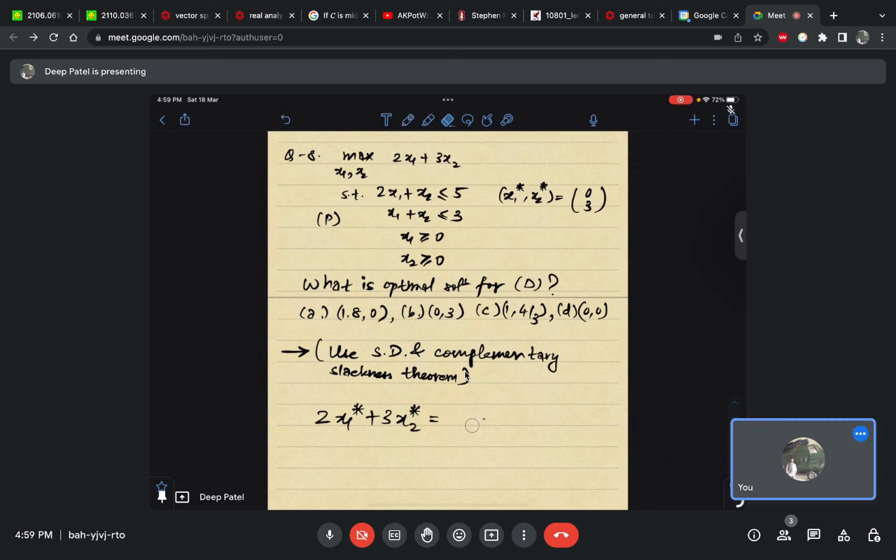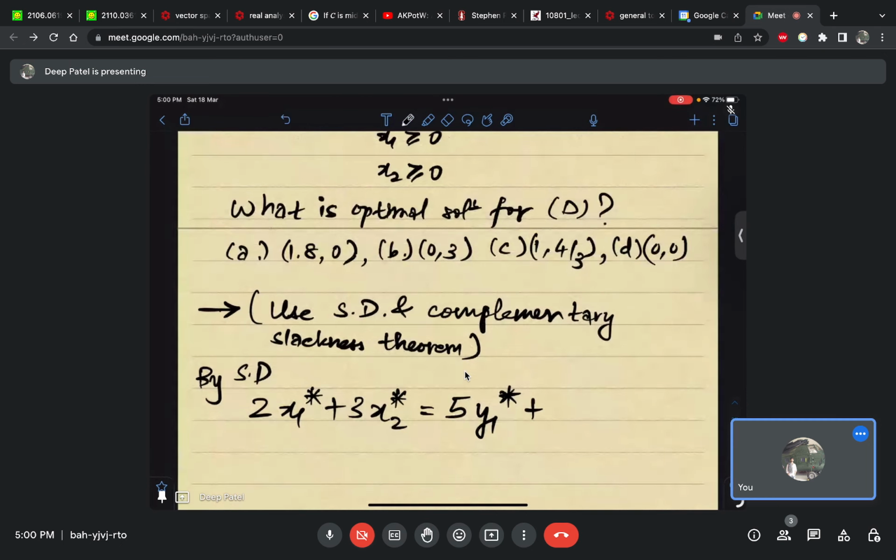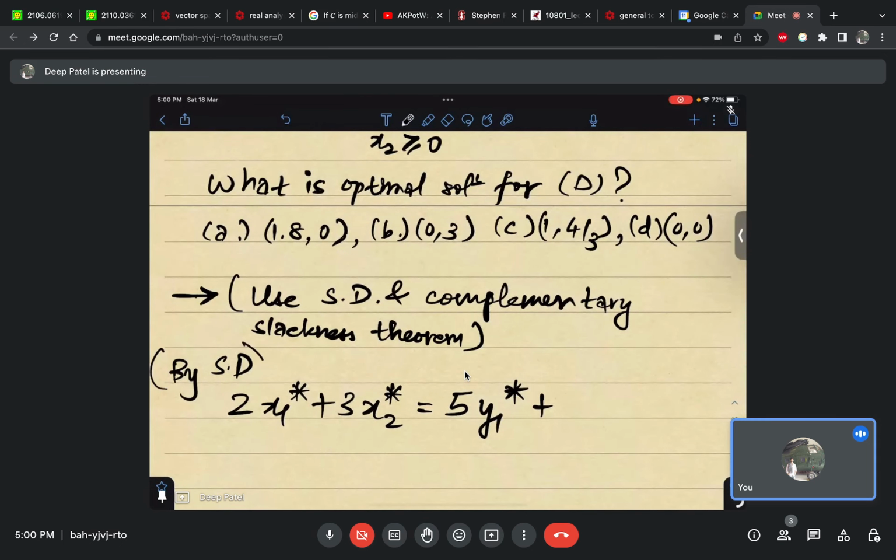B is given to me, right? So I can write this. I'm just writing the optimal value, I'm just equating the optimal values. I hope this is fine. Yeah, that's fine.